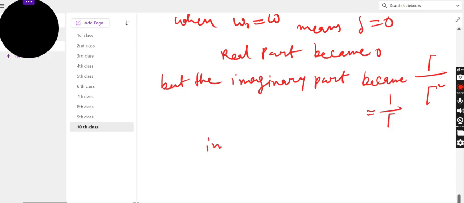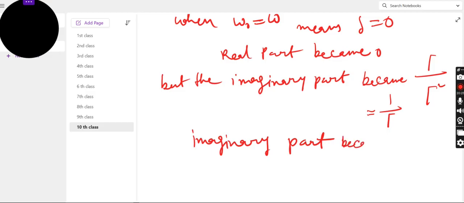So this is the imaginary part and it becomes maximum, because tau is already a constant.